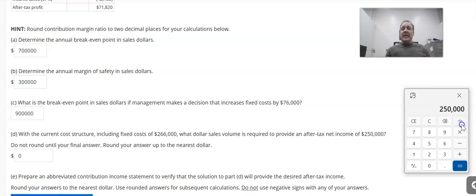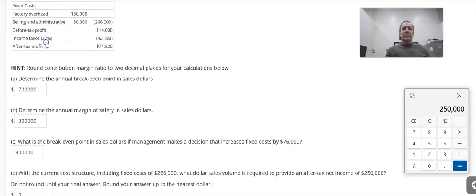And we're going to divide that $250,000 by not 37%, but 1 minus 0.37 or 63%. Okay. So it's 1 minus the income tax rate. In our example, it's 37%. So subtract 0.37, that's 0.63. So we're going to divide that by 0.63.